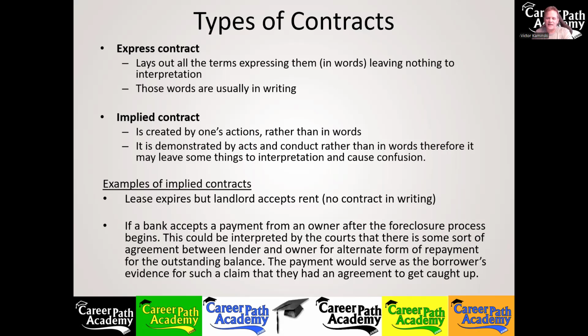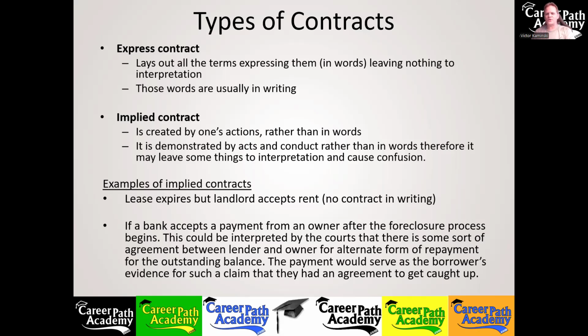This would be interpreted as an implied contract, that there could be some sort of an agreement in place that the owner is making payments to the bank for that outstanding balance to get caught up.